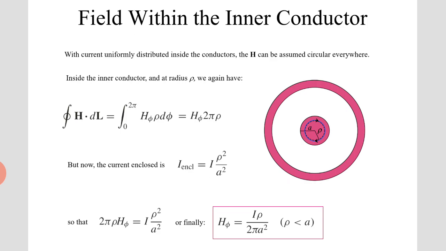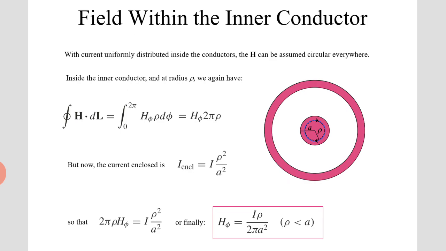The current is uniformly distributed here, so H can be assumed circular everywhere. Inside the inner conductor at a radius rho, we again have the integral of H dot dl, with phi going from 0 to 2 pi, where H is H phi and dl is rho d phi.